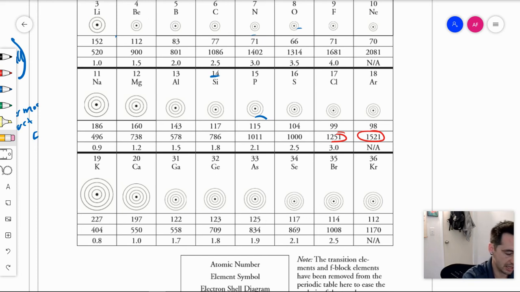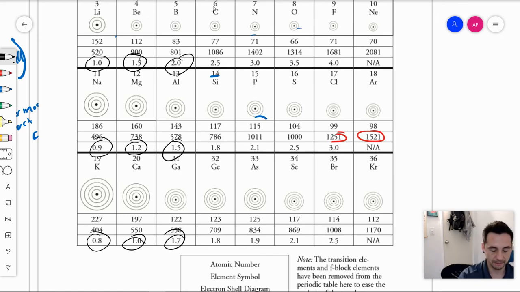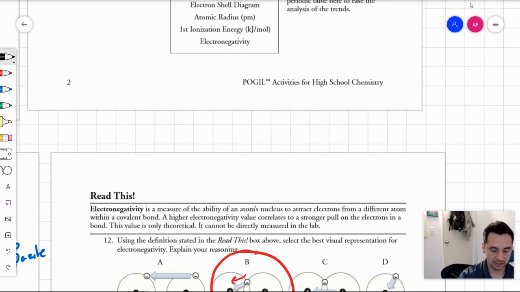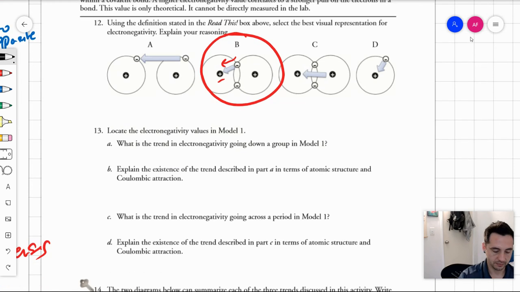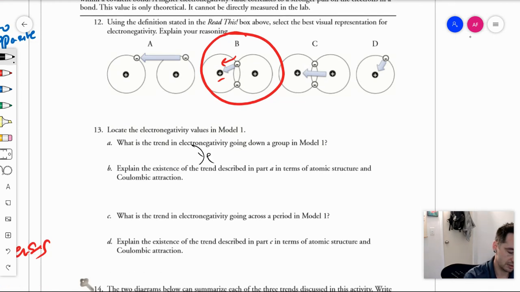As we go down a group, it goes from 1 to 0.9 to 0.8. So it decreases. Pretty much always decreases. Okay, so as we go down a group, it decreases.